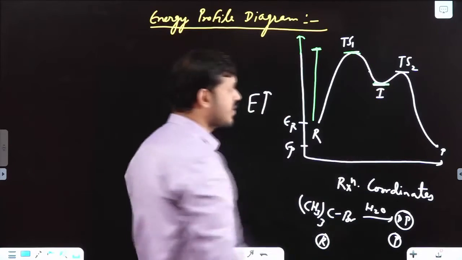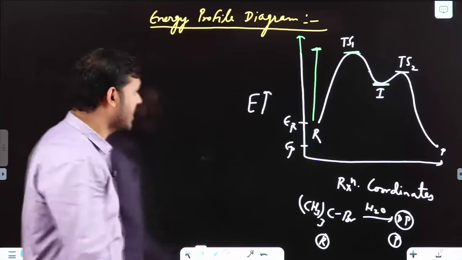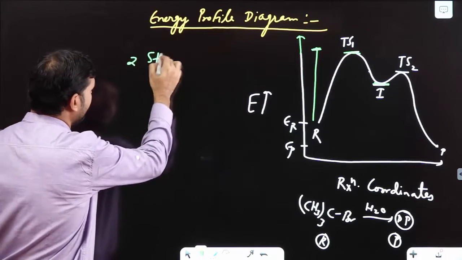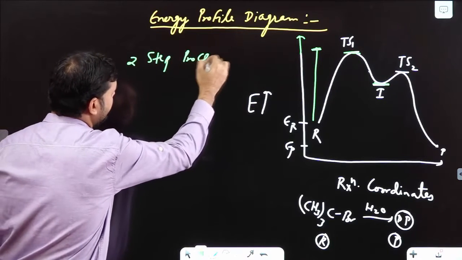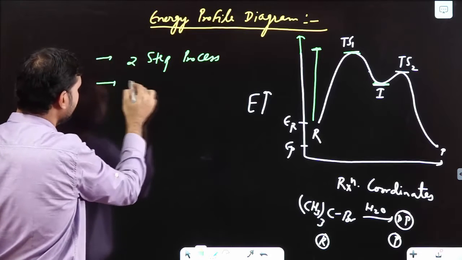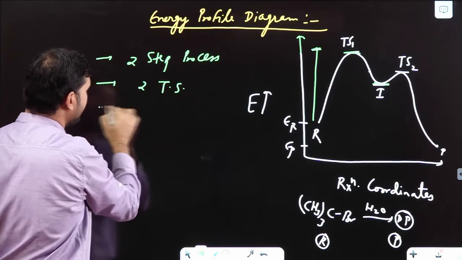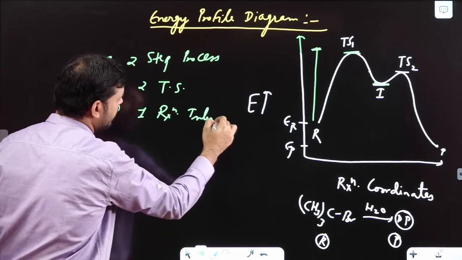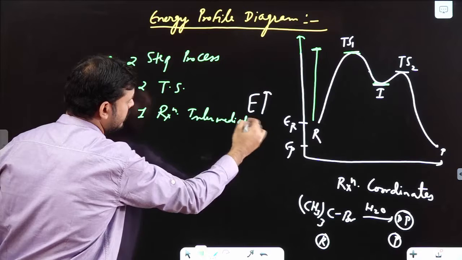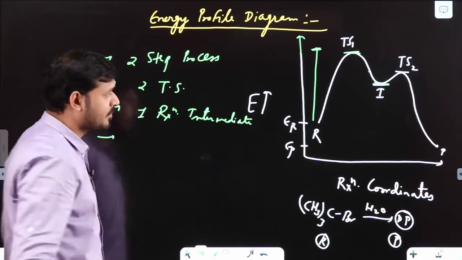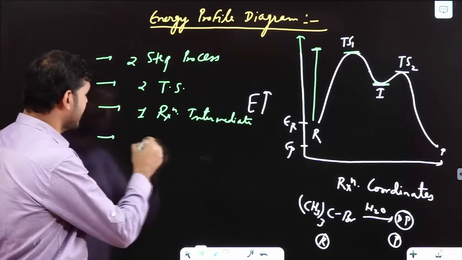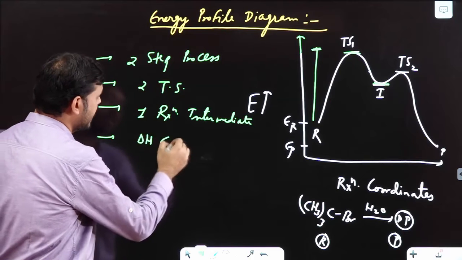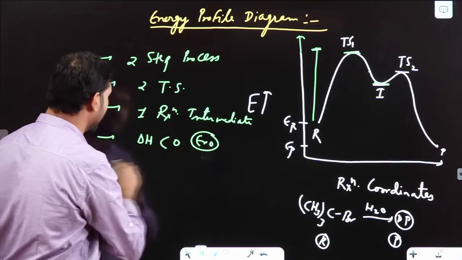Now this is a two-step process. From this graph you can understand: a two-step process, 2 transition states, 1 reaction intermediate. Now my question is, yes, you can say delta H less than 0, exothermic reaction.